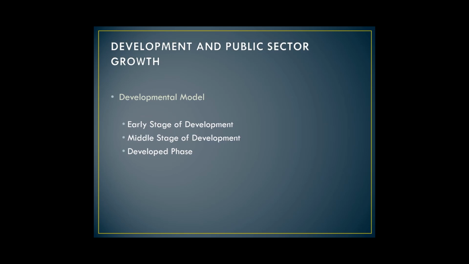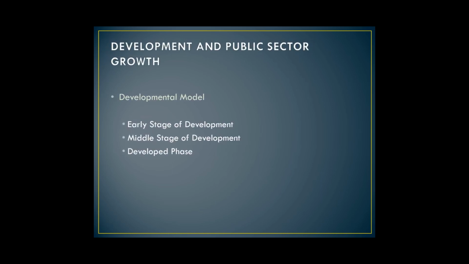The first one is the early stage of development, wherein it occurs in a period of industrialization. Infrastructure expenditures are required as population moves from the countryside to the urban cities. The second one is the middle stage, wherein infrastructure expenditures become increasingly complementary with the expenditure by the private sector.